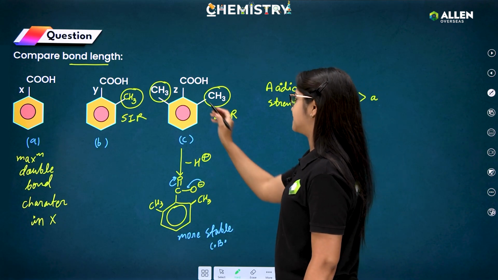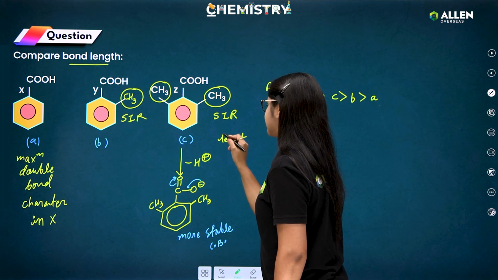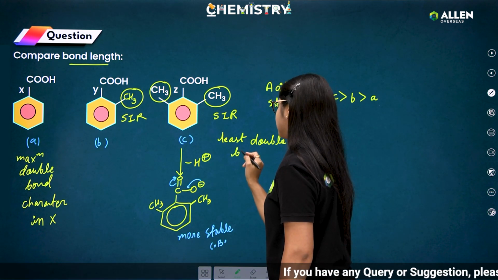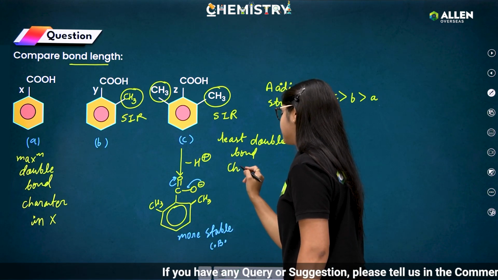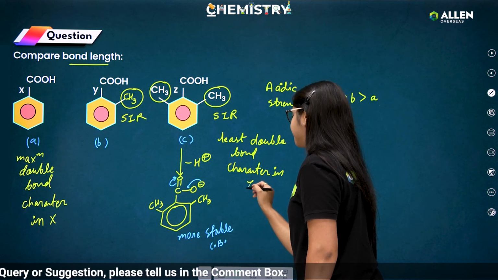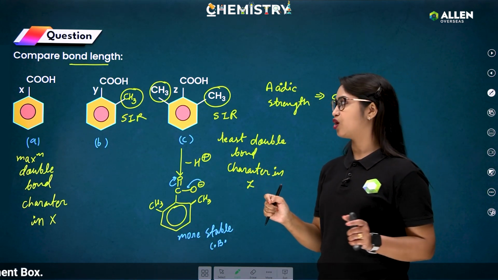Least resonance means there will be least double bond character in Z, okay. So the less the double bond character, the longer will be the bond, right?